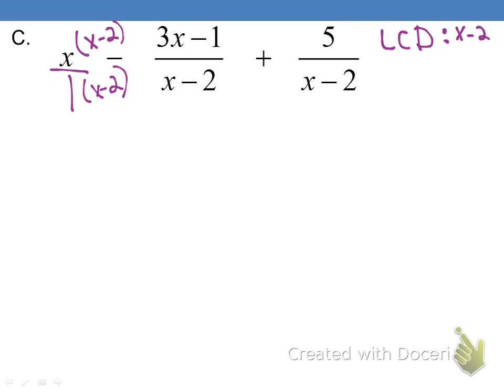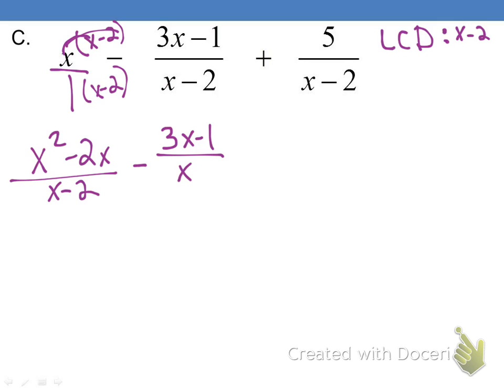I'm going to multiply the top and bottom by x minus 2. When I distribute, I get x squared minus 2x over x minus 2 minus 3x minus 1 over x minus 2 plus 5 over x minus 2.